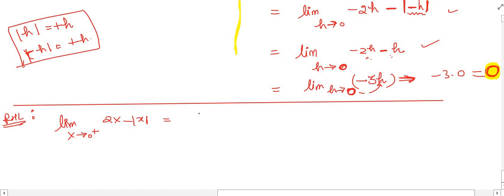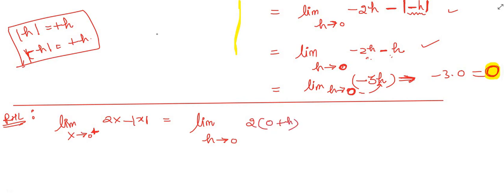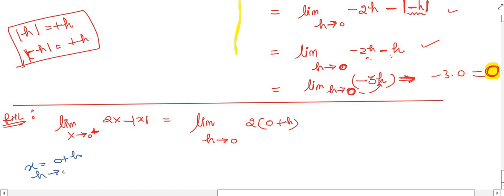I am using the h method again, limit h going to 0. And for RHL, because it is plus, we write 0 plus h. See here, x is replaced by 0 plus h and the limit is tending to this. This is the method. You can even mention it in the question. Minus of mod of 0 plus h.